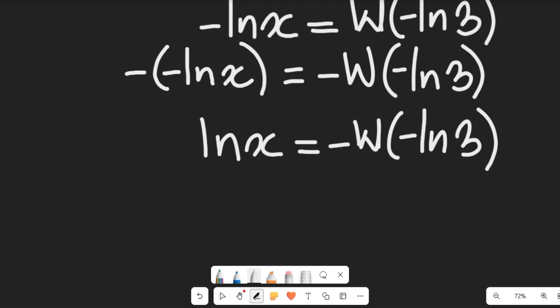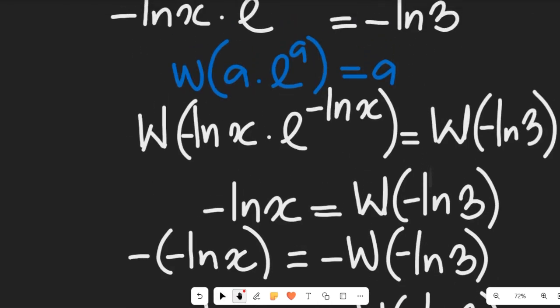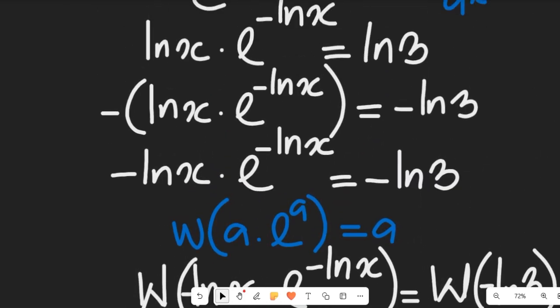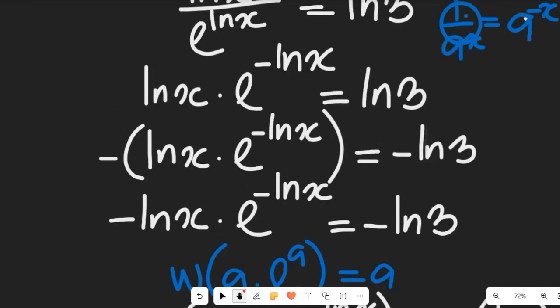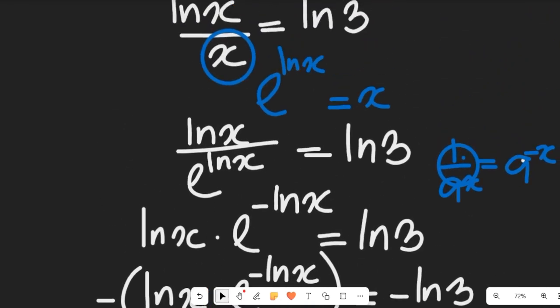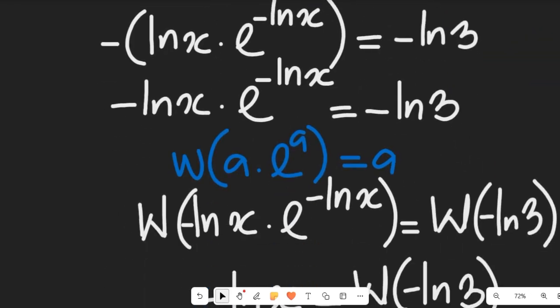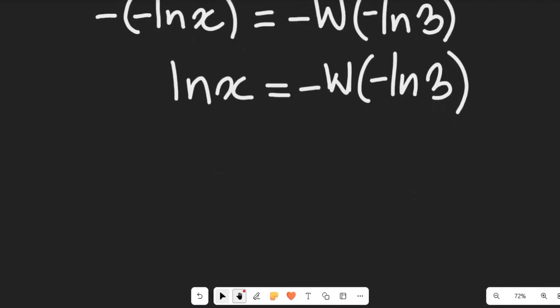So what do we have here? What we have here can easily be simplified, because you recall that the exponent of ln of x is equal to x. Now remember this expression. If I simplify, I'm going to take the exponent of both sides.